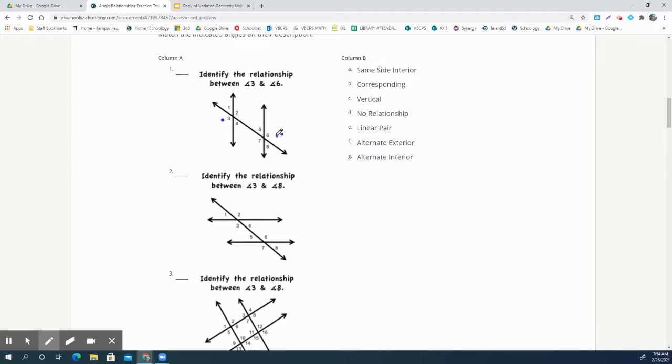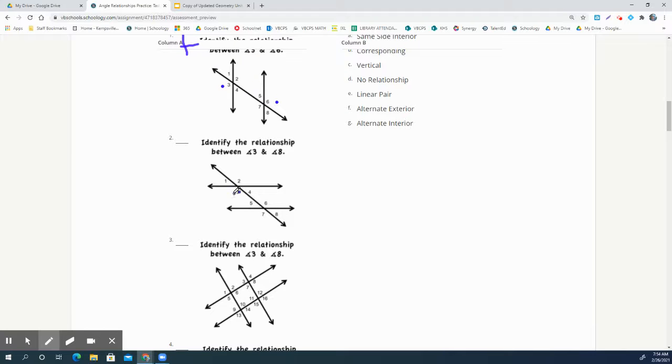So what about 3 and 6? What's that relationship? Alternate exterior, absolutely. So that's going to be F. What about 3 and 8? Are they on the same side of the transversal or alternate sides of the transversal?